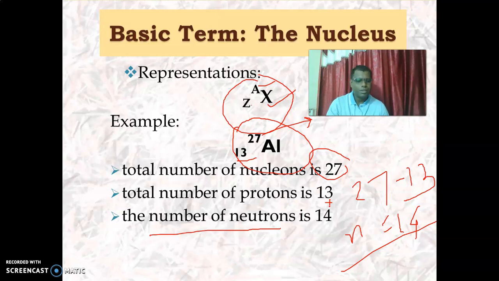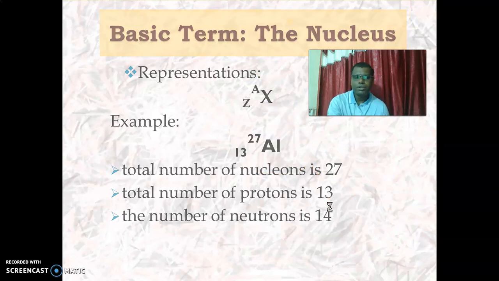This is a simple way to explain the representation of the nucleus of any atom, from which we can calculate the number of protons and neutrons present in the nucleus.